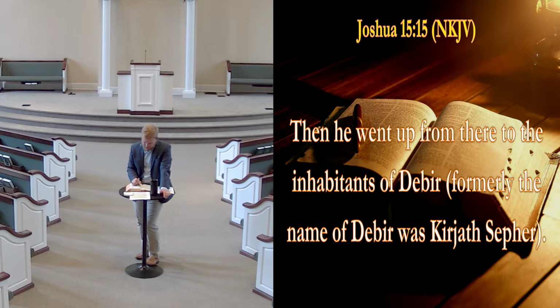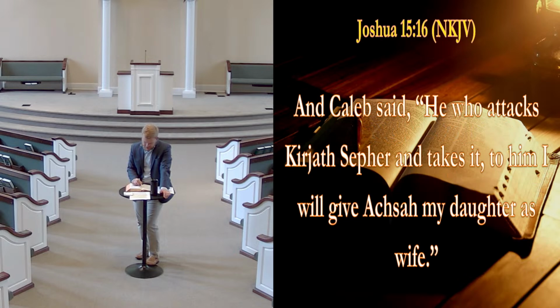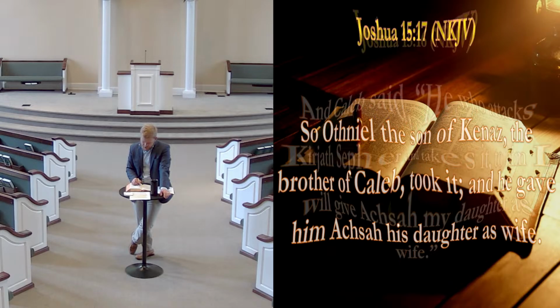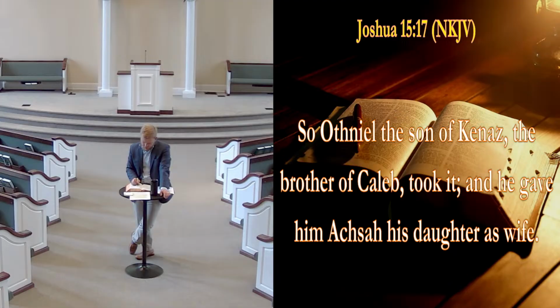And Caleb said, he who attacks Kirjath Sepher and takes it, to him I will give my daughter. Caleb will give his daughter as a wife. So Othniel, the son of Kenaz, the brother of Caleb, took it, and he gave him his daughter as a wife.